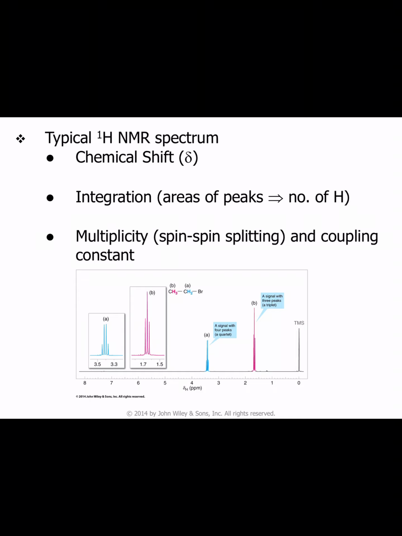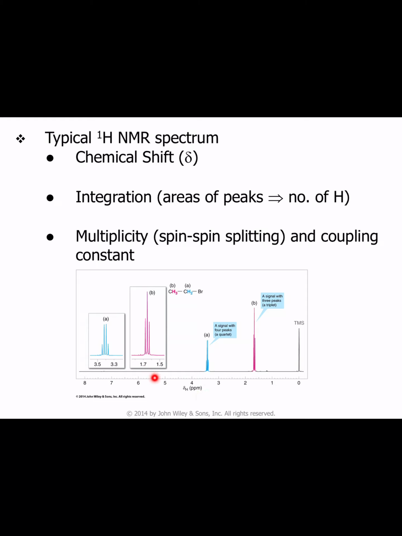Now, chemical shift. So what is chemical shift? We're going to give it the symbol delta. So this is the delta ppm. On this x-axis you will see the chemical shift recorded as parts per million, ppm. Okay, chemical shift is delta.